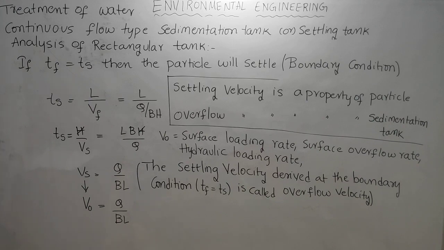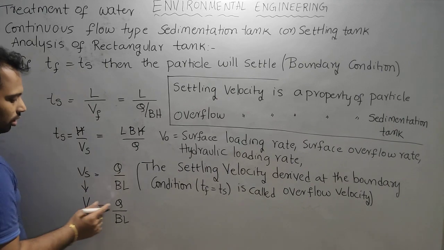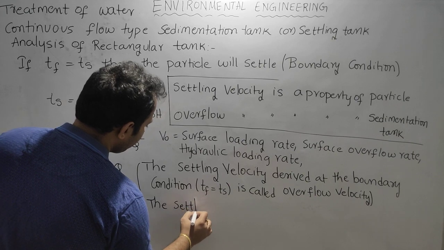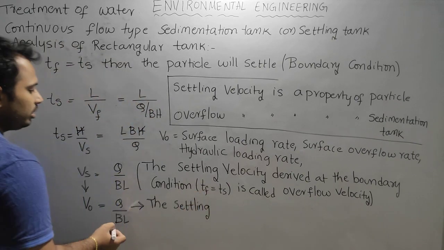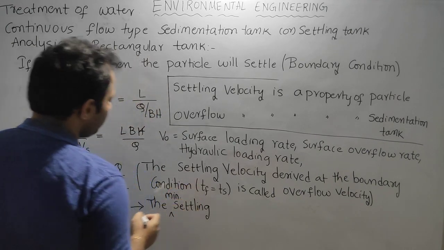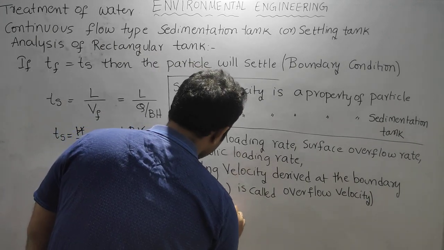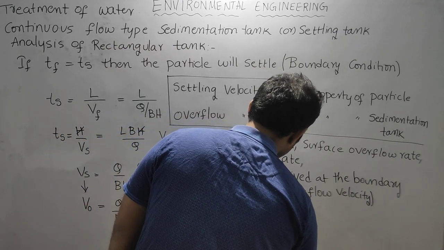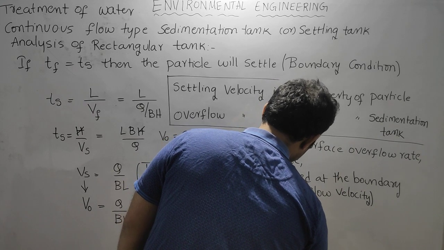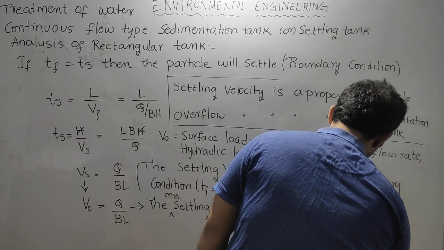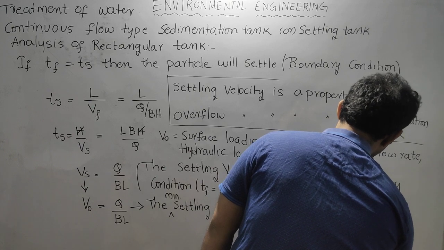Here this V naught is also called the settling velocity, or else we can say the minimum settling velocity needed for 100% removal of particles.